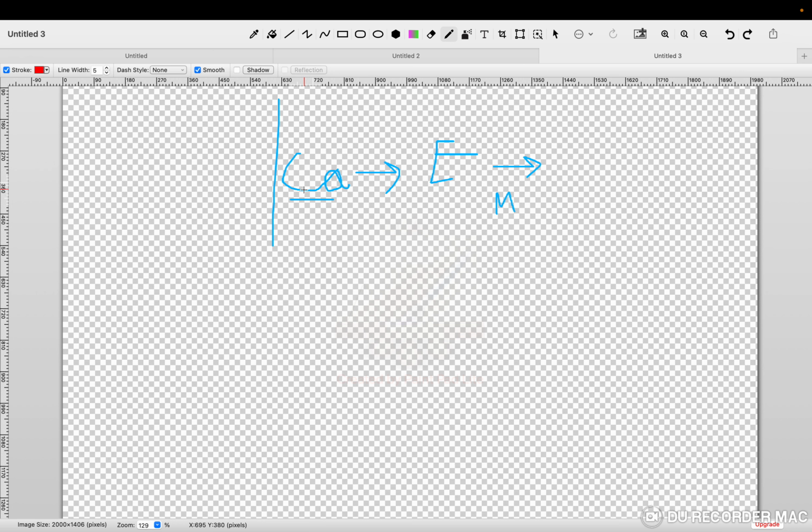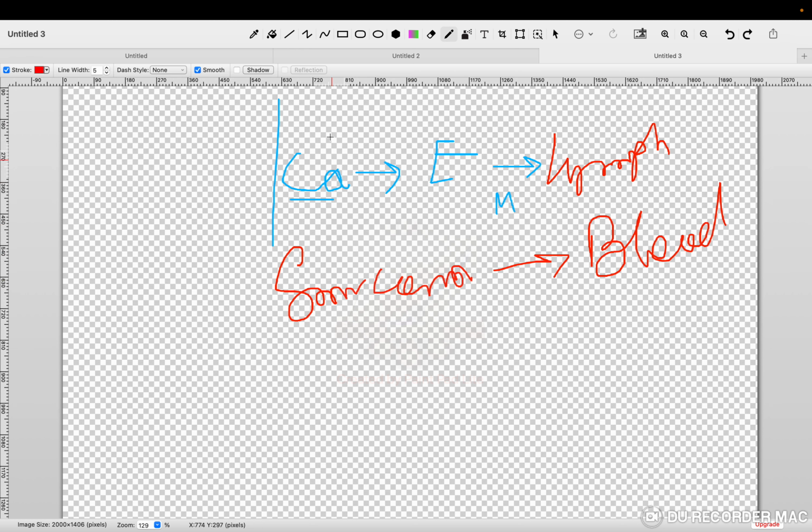Is it using the lymph or the blood? The carcinoma in general, I'm speaking. Yes, actually it's using the lymph. What about sarcoma in general? Sarcoma is hematogenous, so they use the blood. Okay, so there are exceptions for carcinoma.